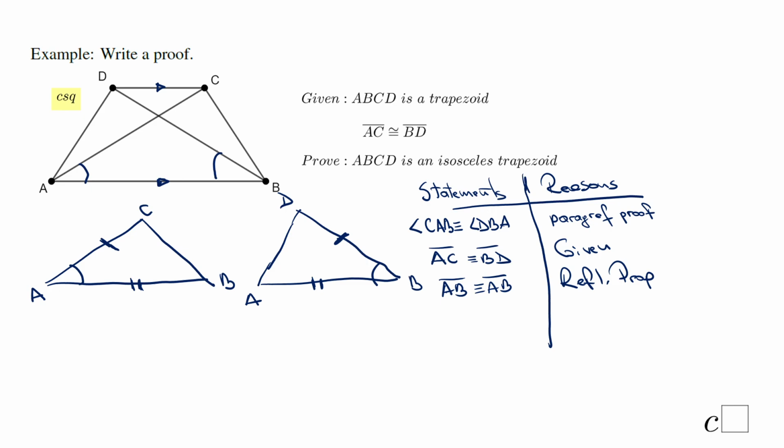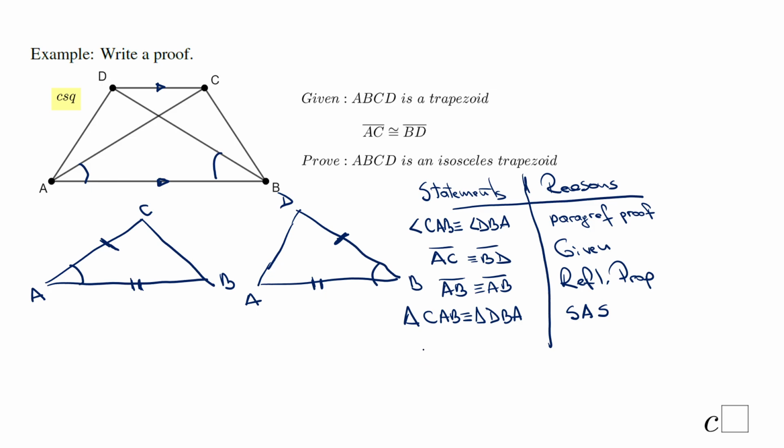And then obviously now these two triangles are congruent, which we did in the previous example. Triangle CAB congruent to triangle DBA, so again, you need to be careful. And the reason now is the side angle side theorem.